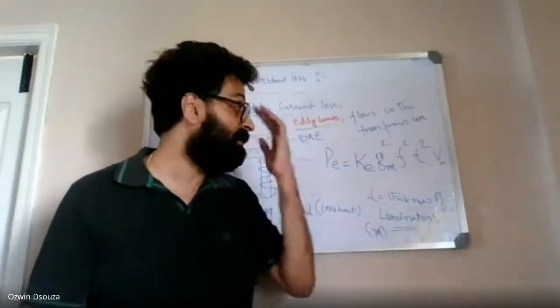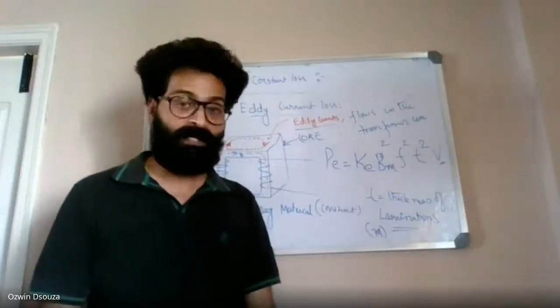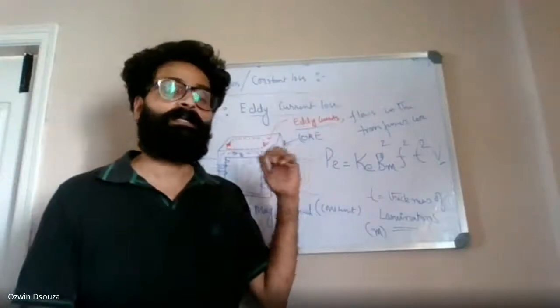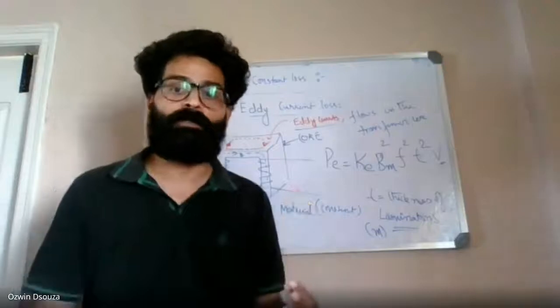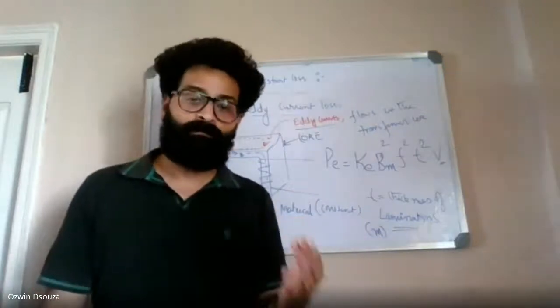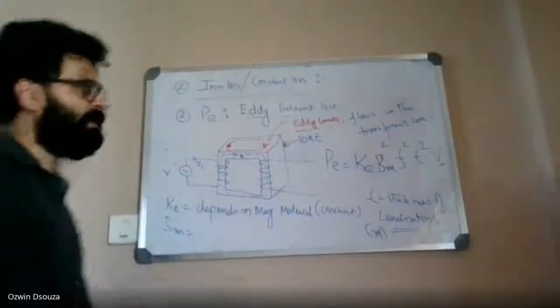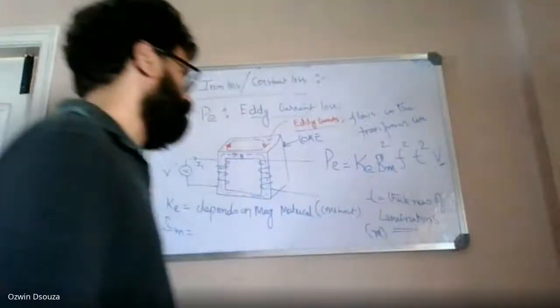That is the reason power is not generated as well as transmitted at higher frequency. That's because higher frequency can increase hysteresis loss as well as eddy current loss. So in total, you can say higher frequency can increase the iron loss or constant loss. That is the reason we operate at lower frequency.